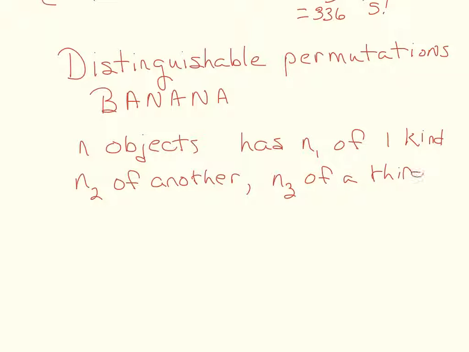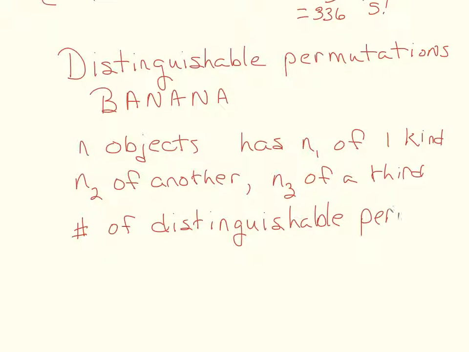And it could keep going, so we could just say etc. The number of distinguishable permutations, and I'll just abbreviate permutations, is n factorial over n sub 1 factorial times n sub 2 factorial, all the way down to however many you have.